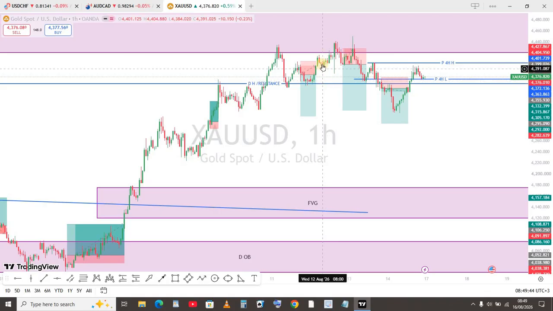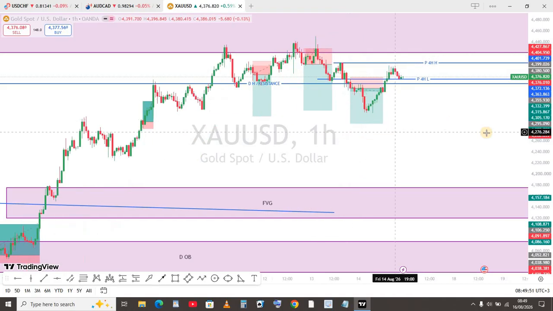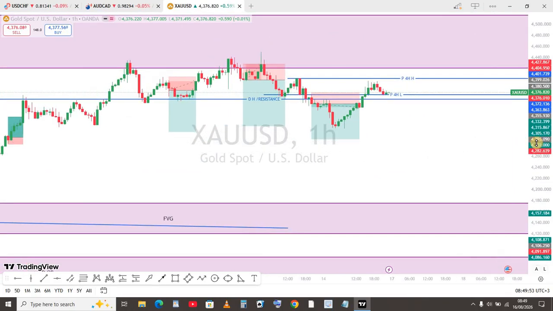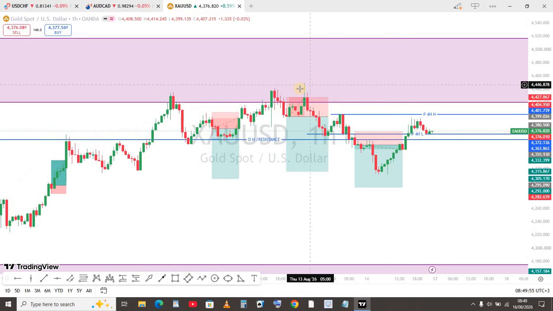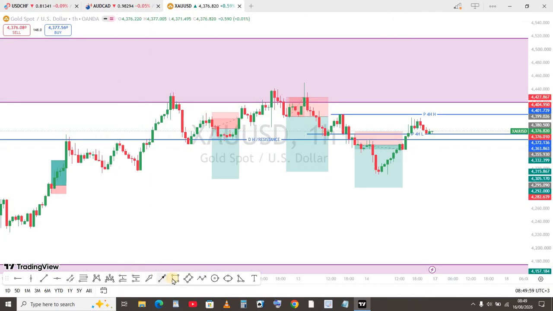I waited until the market retested inside the supply zone again, and then I saw the bearish momentum and took a selling position, which was also swept by the liquidity. As you can see, this candle went just up, then went up to this level and stopped me out. After stopping me out, the market continued to go down.